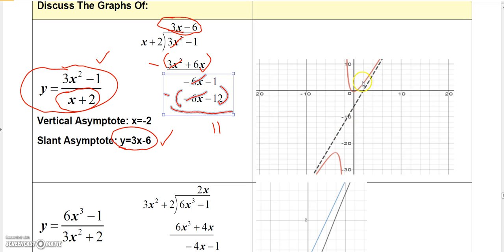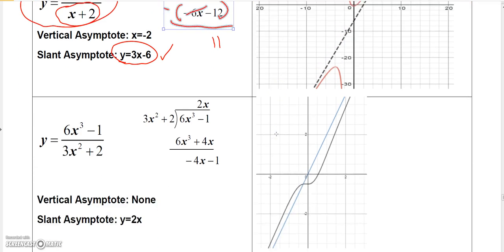You may have to zoom out to see it. Notice that as x goes to infinity, the y value goes to infinity, but while it's going to infinity, it's getting closer and closer to this slant asymptote, 3x minus 6.